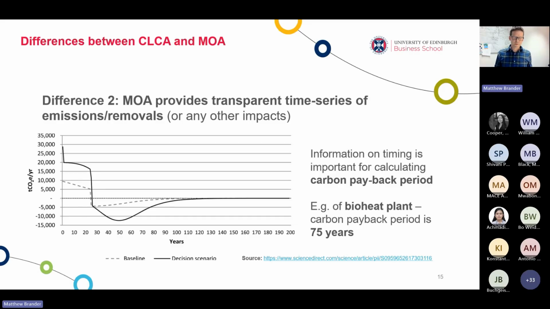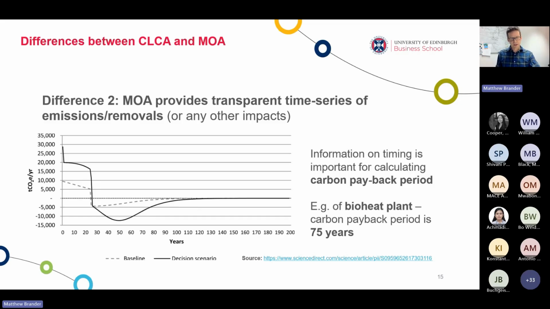And so that's very useful information. It's useful to know when emissions and removals are occurring so you can quantify carbon payback periods. It's also useful to have this kind of temporal distribution so you can apply things like time-specific emissions factors.